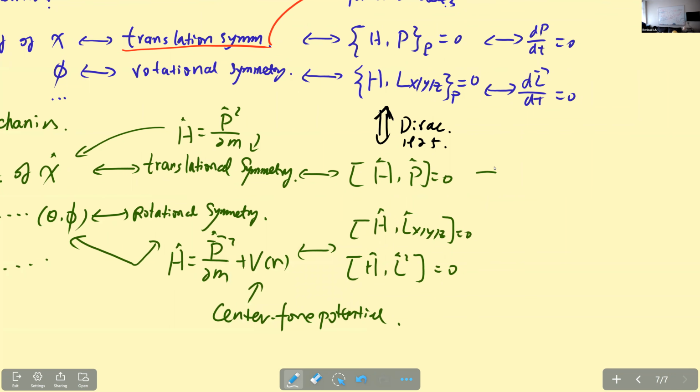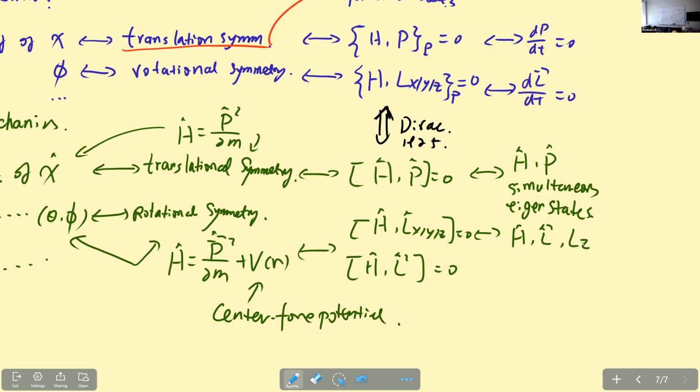And then from this we know that H and p have simultaneous eigenstates. Or in this case, you can have H, L squared and Lz. These three objects can have simultaneous eigenstates because they commute.